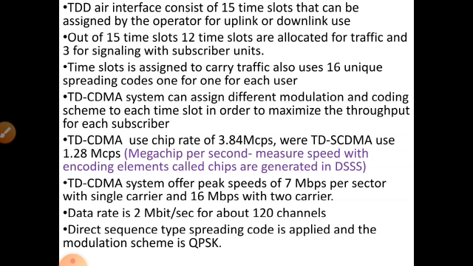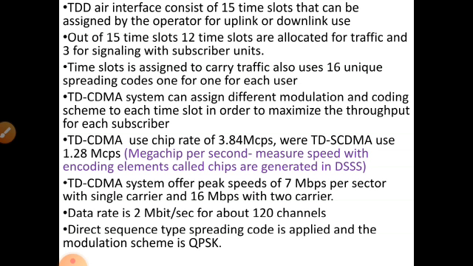Each time slot that is assigned will carry the traffic, and it also uses 16 unique spreading codes, one for each user. That means if I am using 12 time slots, each time slot consists of 16 unique spreading codes. In the next slide we will look at the spreading codes.